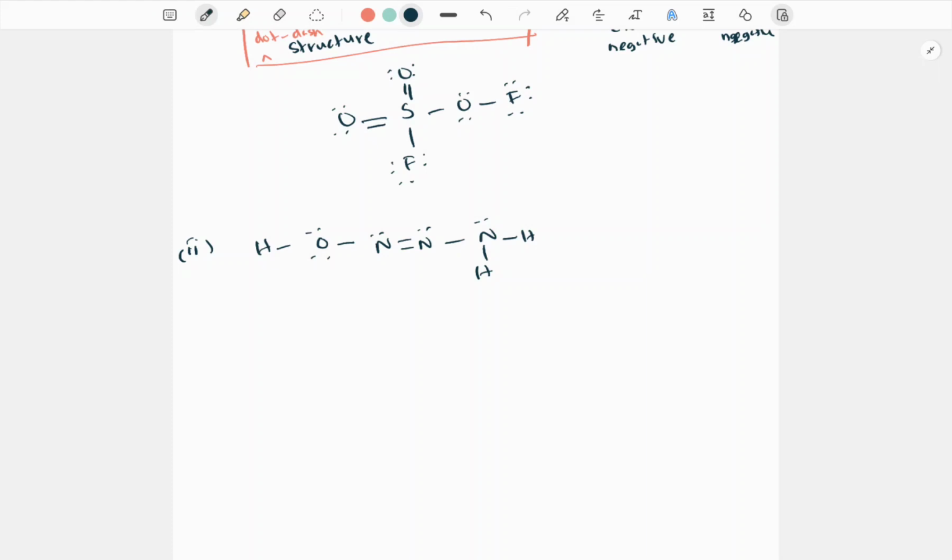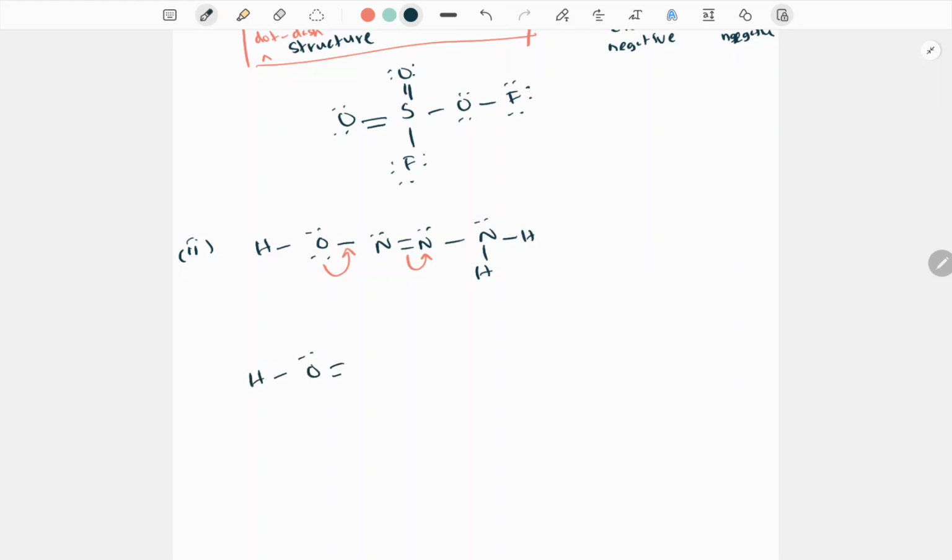This oxygen, can't we displace one lone pair of this oxygen between oxygen and nitrogen and displace this pi bond towards this nitrogen? We may obtain another one. Let's write it.